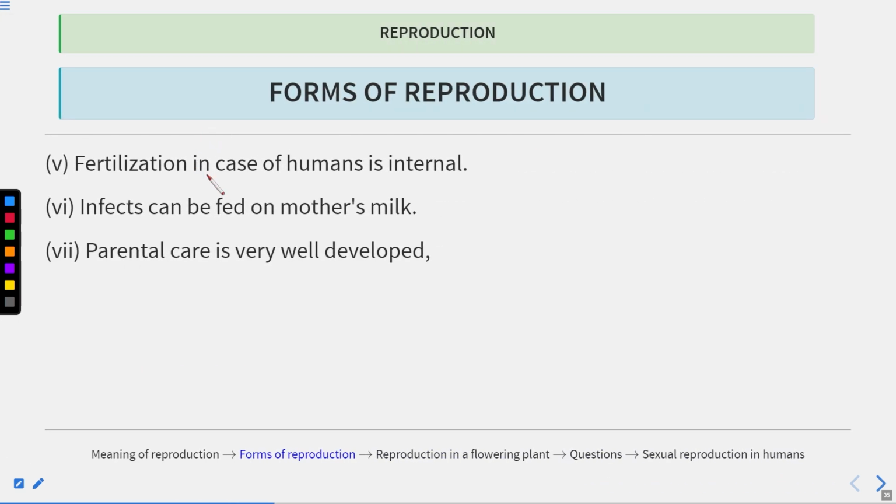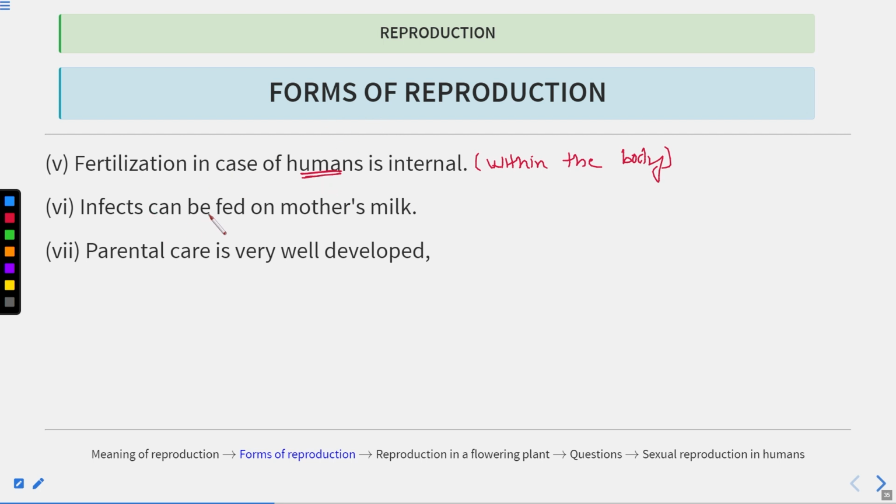The next point is fertilization in the case of humans is internal. Internal fertilization means it is happening within the body. So the sperms fertilize the egg cell within the body.